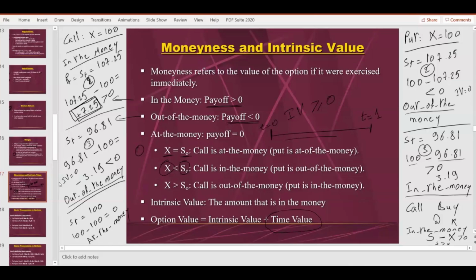As I'm going and approaching the expiry date, the time value of the option is going to be decreasing over time. Once I get to the expiry date, the time value of the option is gonna be equal to 0, and in this case the option value is gonna be equal to its intrinsic value.